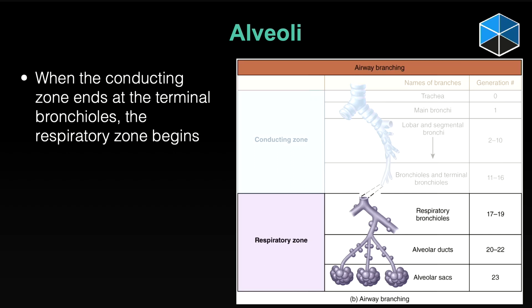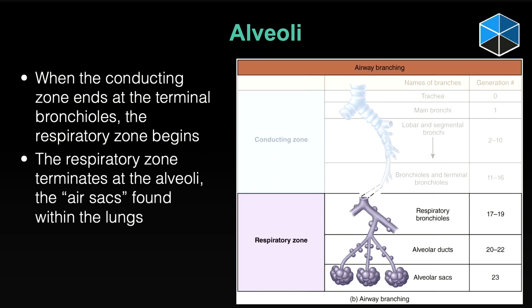As soon as the conducting zone ends, the terminal bronchioles give way to respiratory bronchioles, and then the other structures that are involved in gas exchange. Now, I don't want to gloss over the important structures. Yes, respiratory bronchioles can be involved in gas exchange.